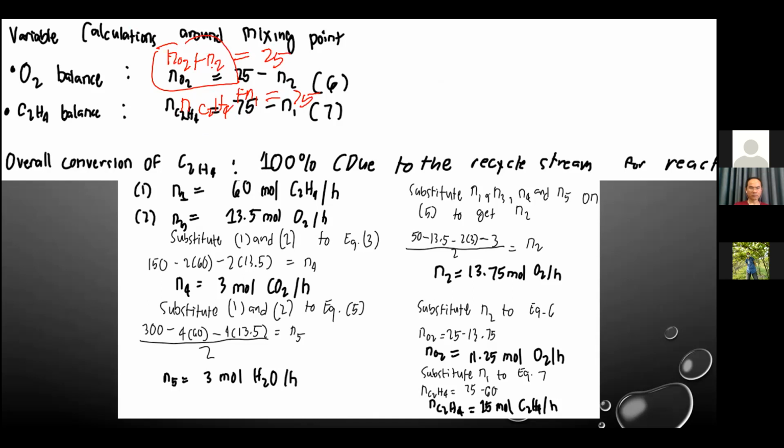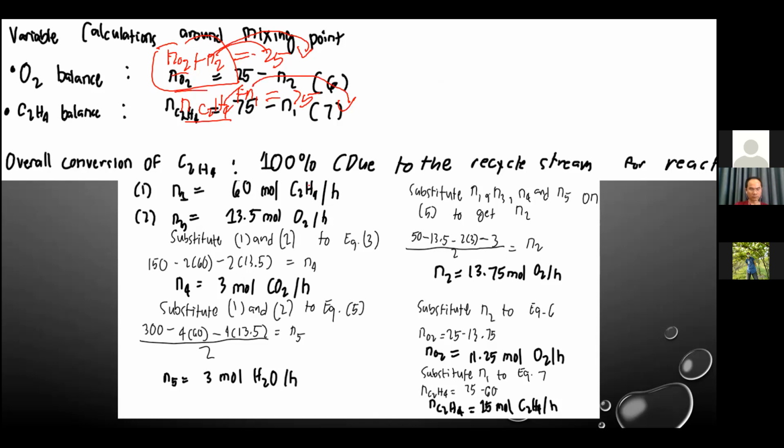But since we already know N2 and the missing ones, we're going to substitute there to get the unknown variable, the value of NO2, so we come up with these equations.